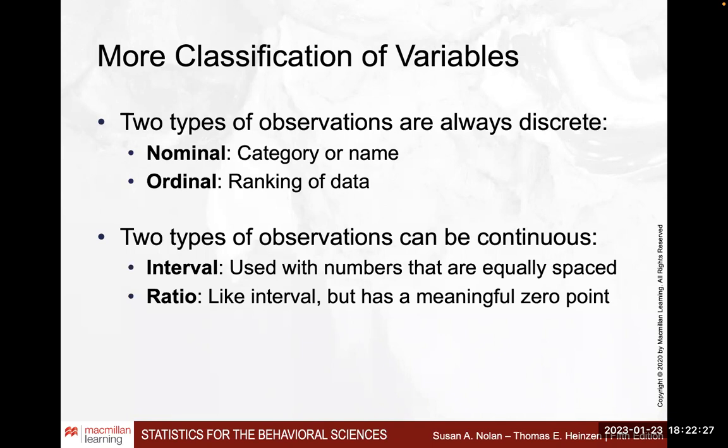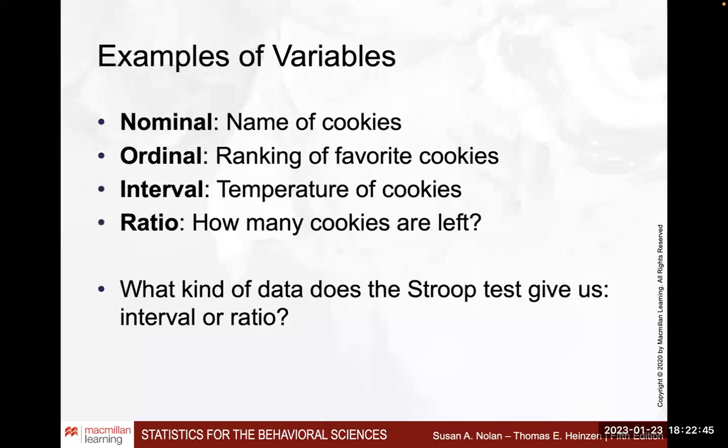Because when we come to continuous data, we have two different data forms. We have two subcategories. We have interval data. These are numbers that are equally spaced and can be negative. Ratio data is a count, where it has a meaningful zero. The most wonderful example to categorize that is thinking of cookies.